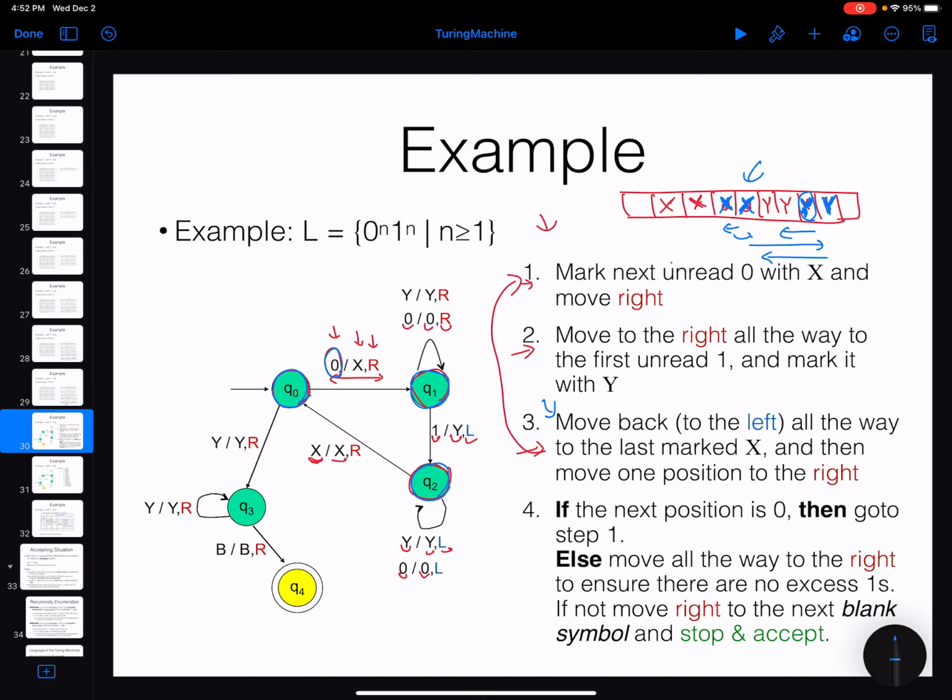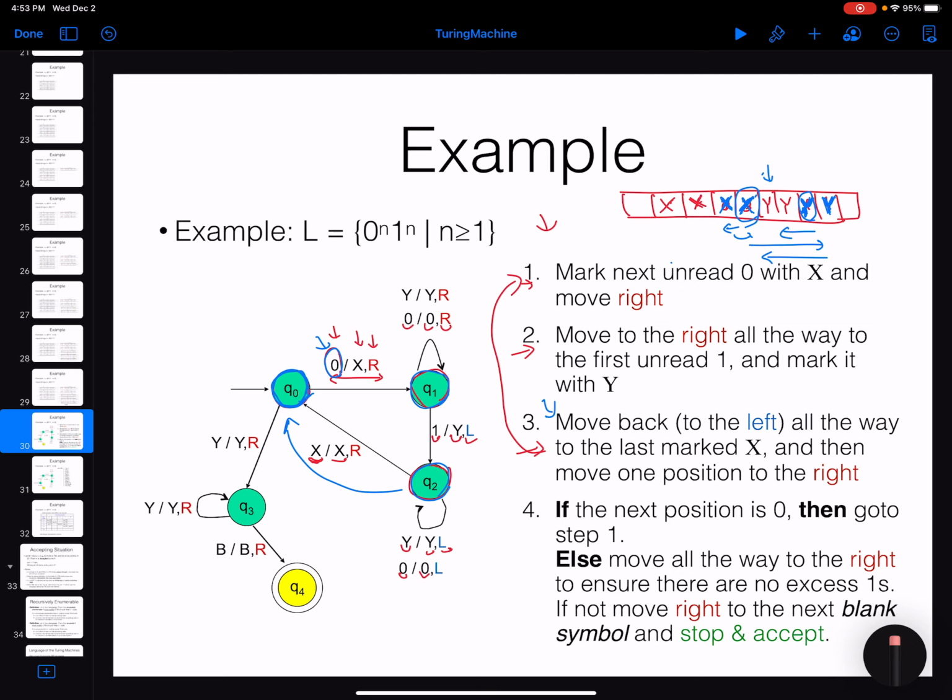So by finding the very first x, you are moving to the state q0. At state q0, if you see a 0, you move to the q1, but there is no other 0, right? You have moved to q0, so basically you are here, and there is no other 0.